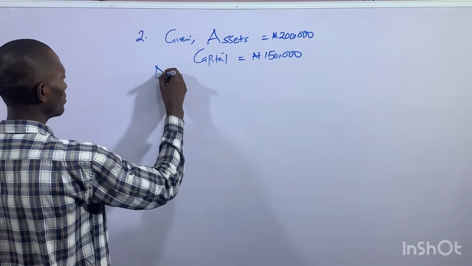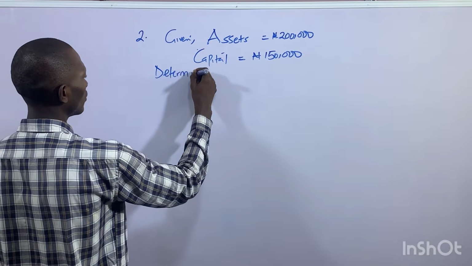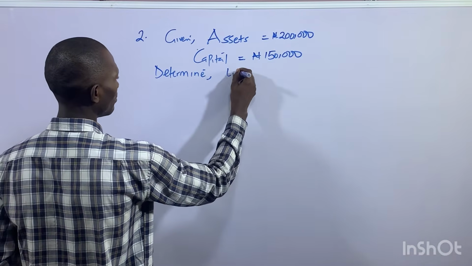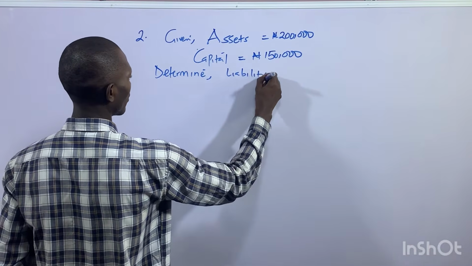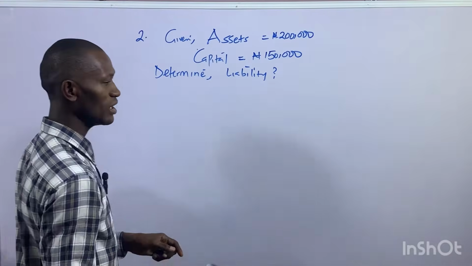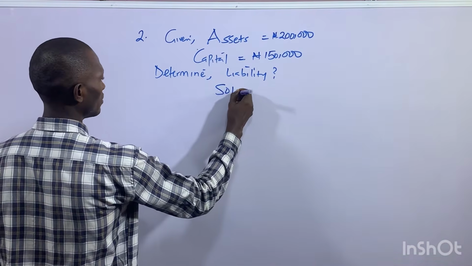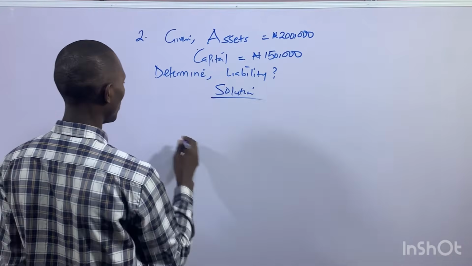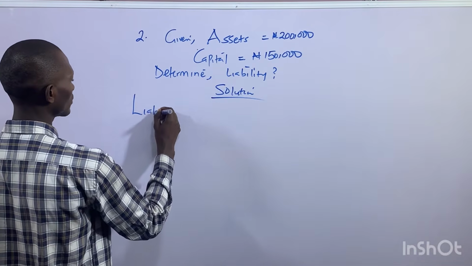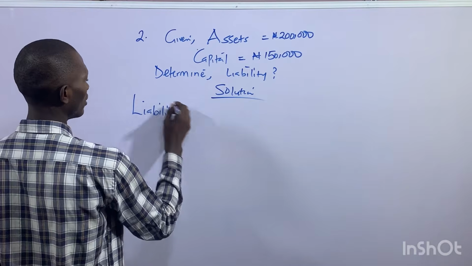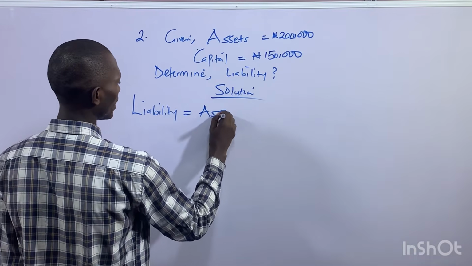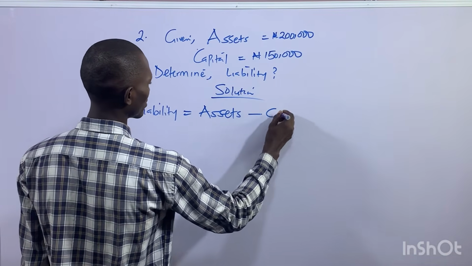Then you have to determine liability. So to determine liability now, you already know. Solution now. So liability equals assets minus capital.